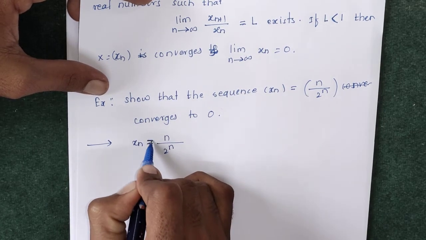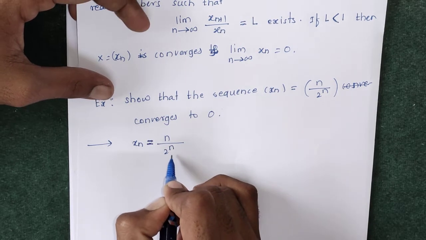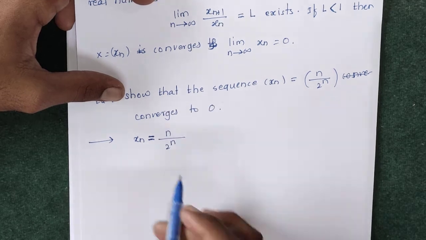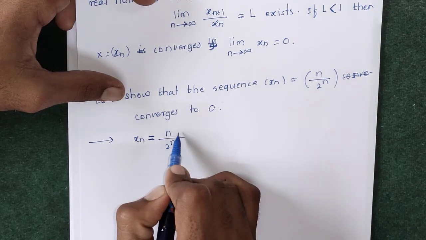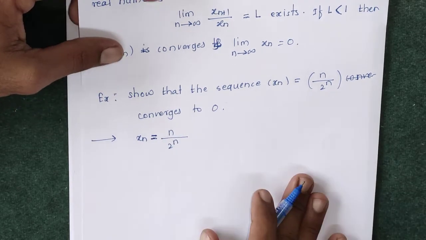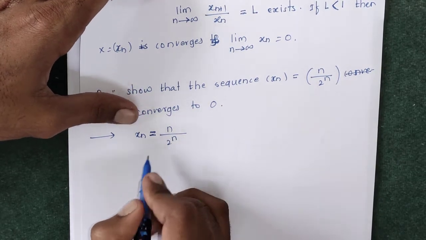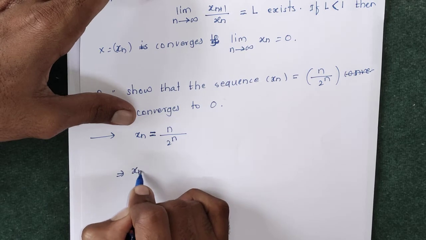If the given sequence is in the form of n upon some number, or n plus 1 upon n, that is, if the given sequence is in the form of n, then we can use this ratio test. Here xn is equal to n upon 2 raised to n. From that we can find xn+1.